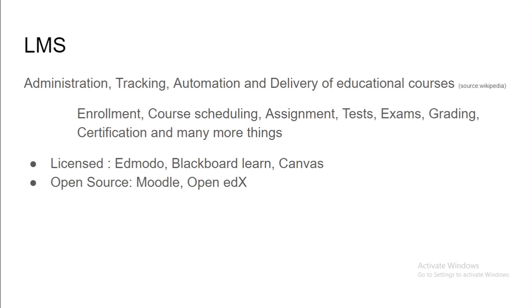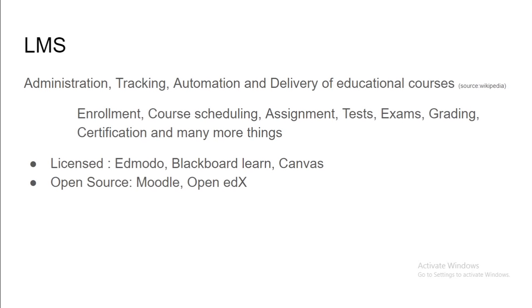So what exactly is an LMS? The Wikipedia definition is administration, tracking, automation and delivery of educational courses. So any LMS should perform these tasks. In detail, in an LMS a student, or anyone, can enroll.